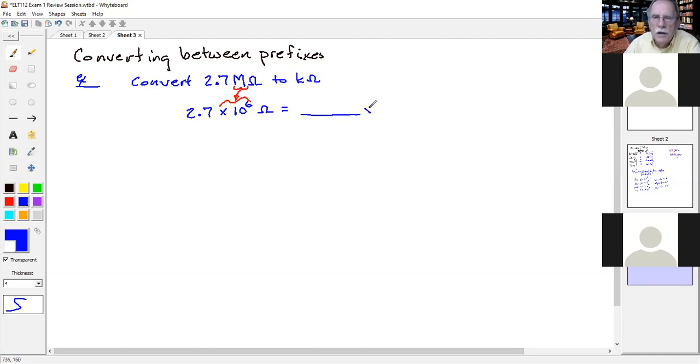Well, k ohms is times 10 to the third. K is times 10 to the third. So again, what we've done is we've gotten rid of this and replaced it with this.